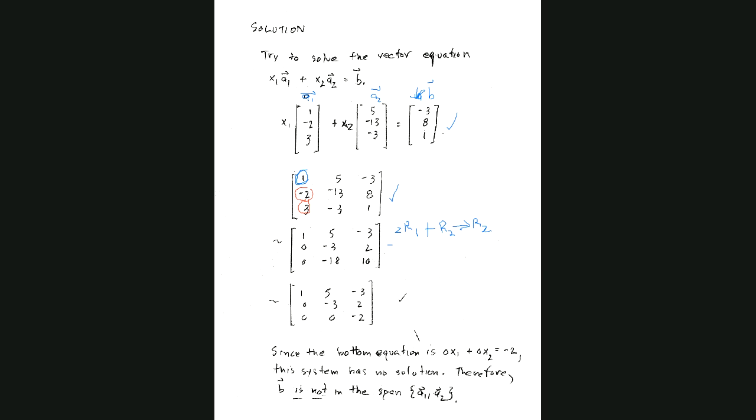And then, to get a 0 in the third row, we'll take -3 times the first row, add it to the third row, and replace the third row with that result.